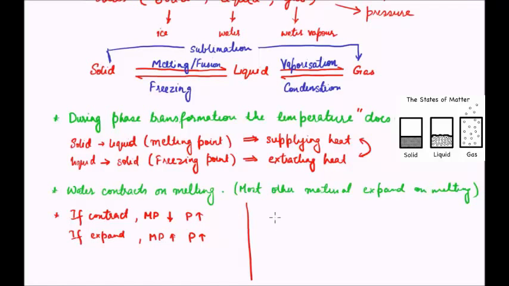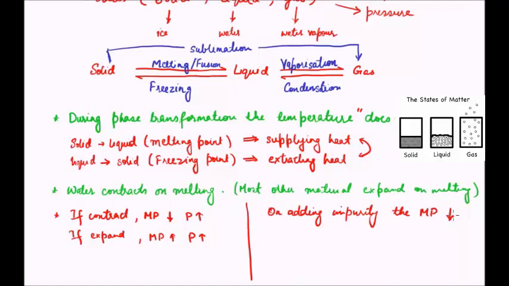Effect of impurities is that on adding impurity, the melting point of a material, irrespective of what material it is, reduces.